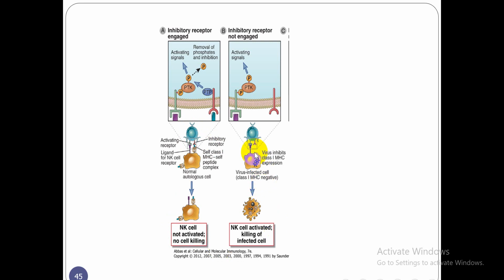You see the expression of MHC class I on the surface of the infected cell decreased, and we do not have any MHC class I on the surface of this virus infected cell. So this cell only provides the ligand for activating receptors, so the NK cell can become activated and kill the virus infected cell.